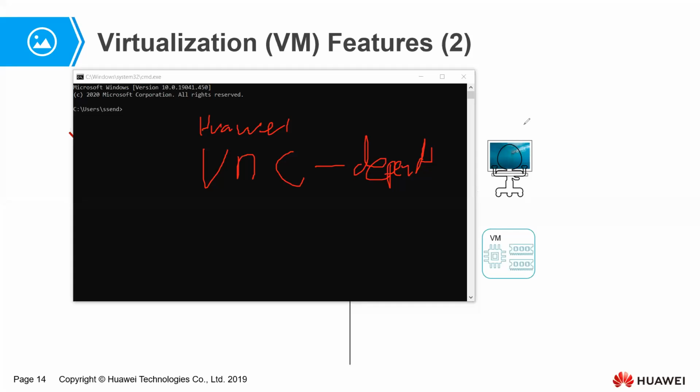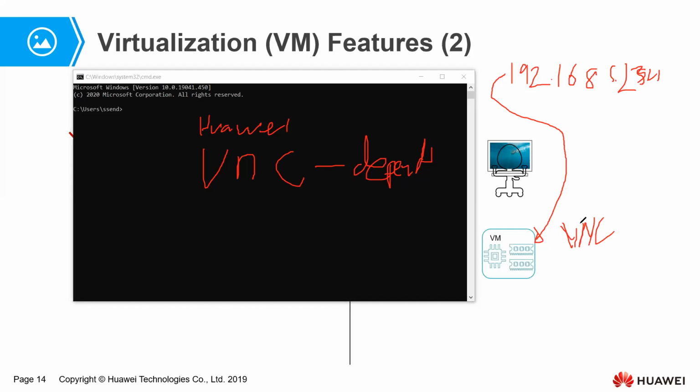So if you know that your FusionCompute is stored on a host which has an IP address of 192.168.5.234, you just need to know this and use it, but you don't have to configure an IP address for your virtual machines to be able to use the console, let's say for Huawei, which is VNC.